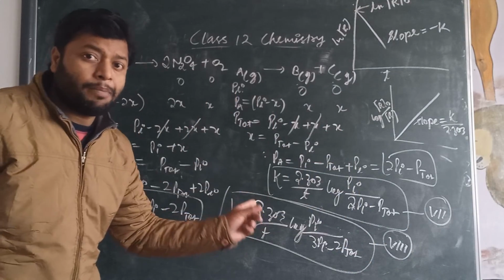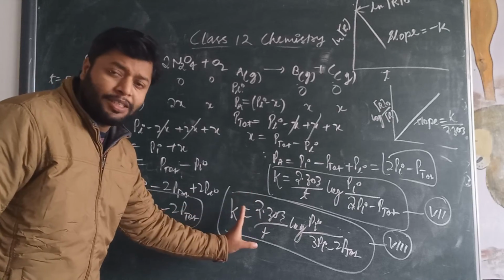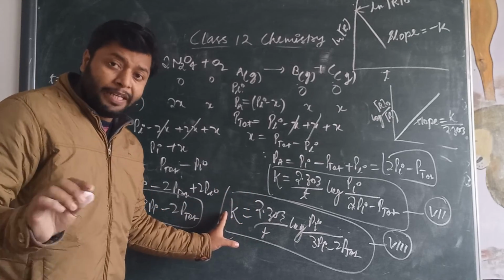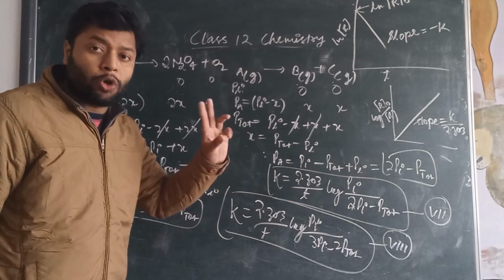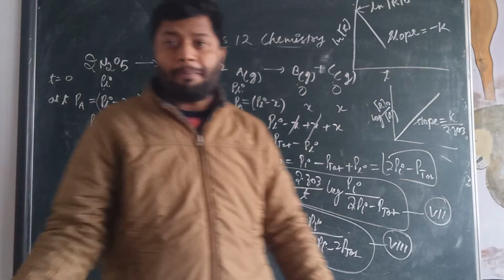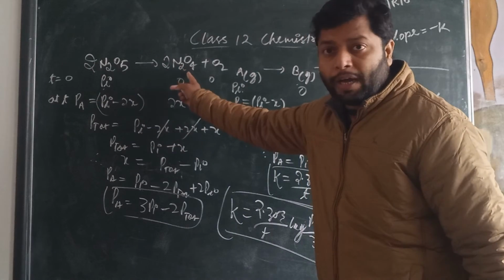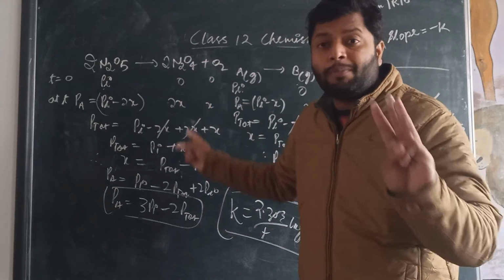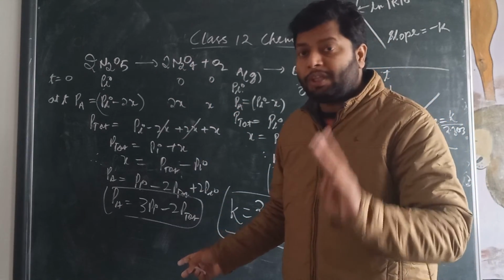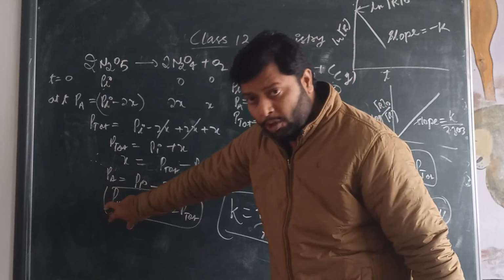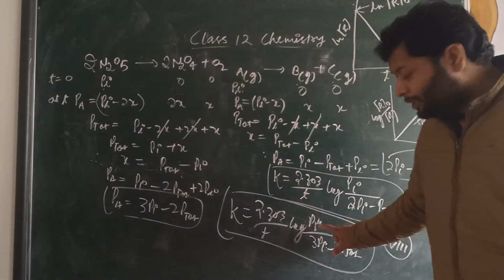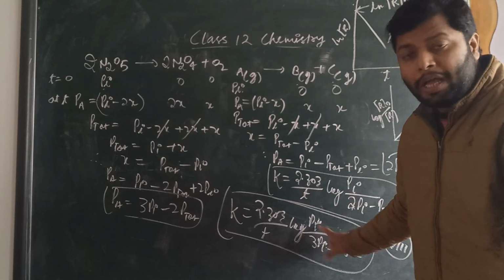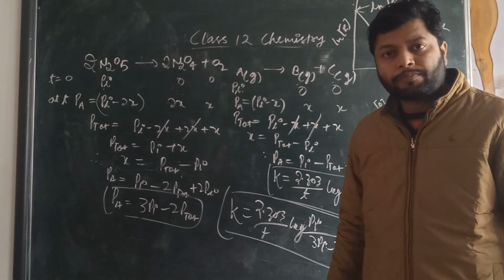Look at equation number 8. This equation is actually applicable for this type of reaction when the reactant has coefficient 2. The number of moles of reactant is 2 and the product has 2 plus 1, 3 moles. So the equation for P total will look like this. Now you can just put the value and solve the numericals.